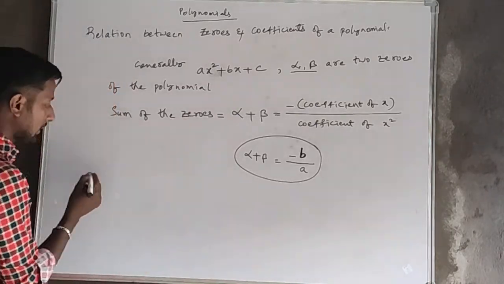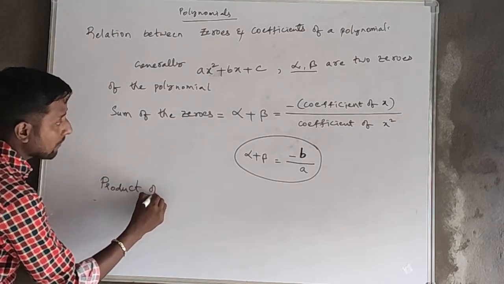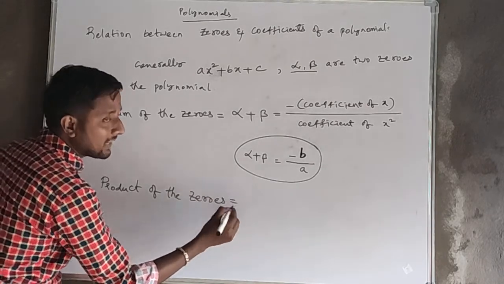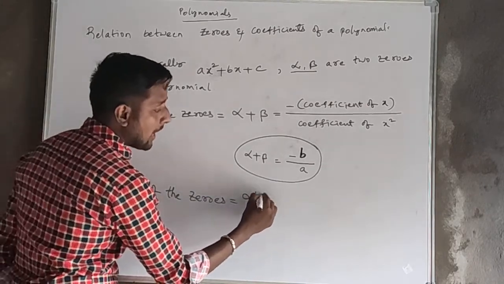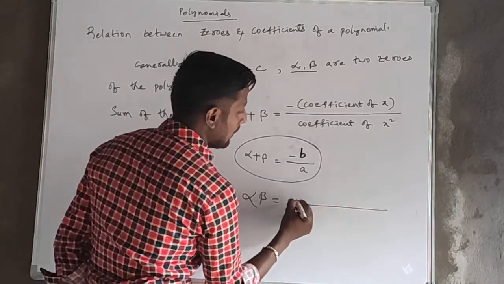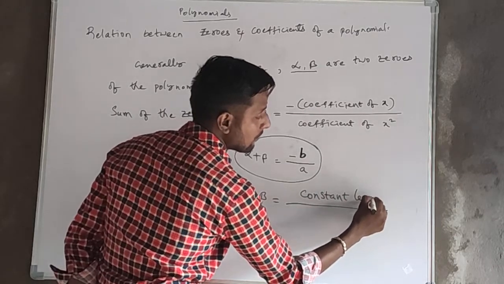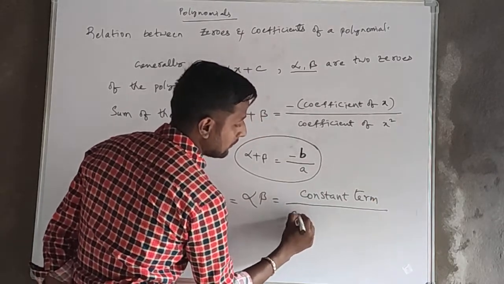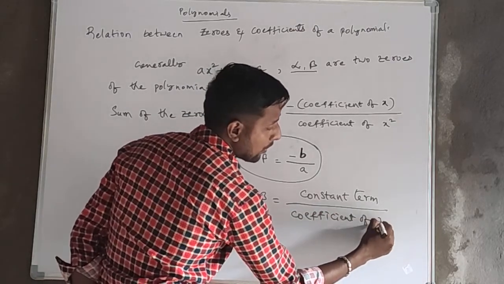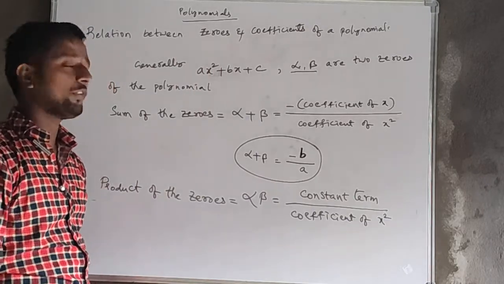Now we'll write the second relation, that is the product of the zeros. Product means, as we know, multiplication. Am I right? That means alpha into beta, alpha beta is equal to constant term by coefficient of x square.